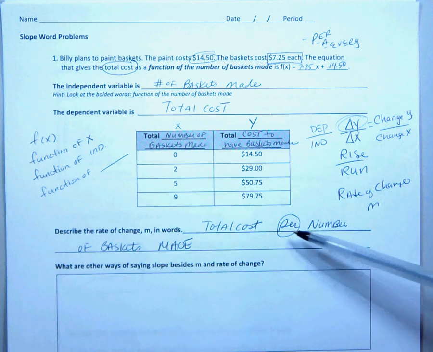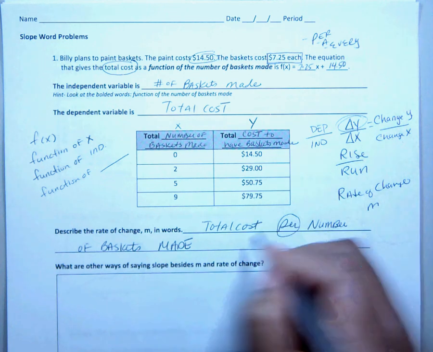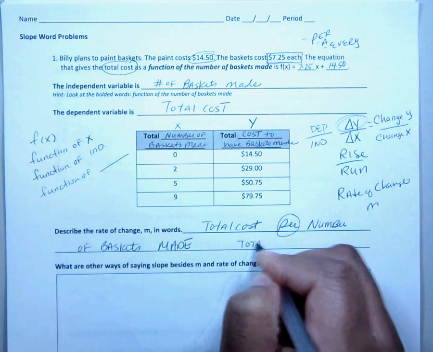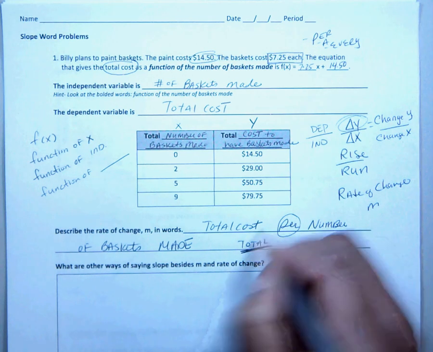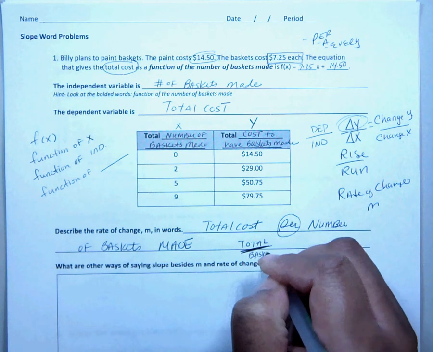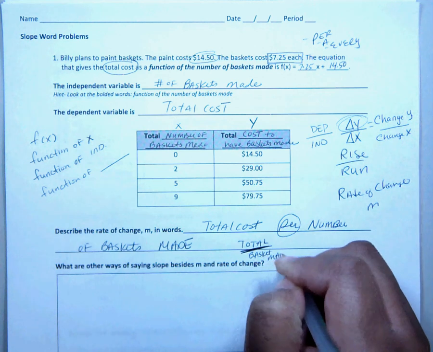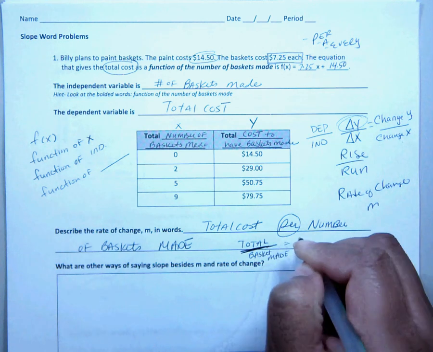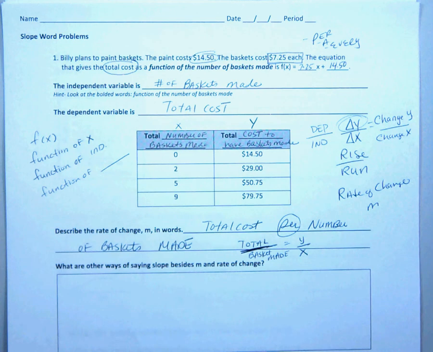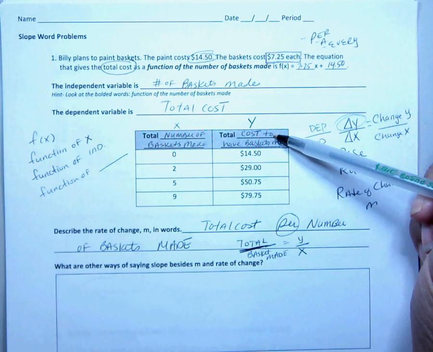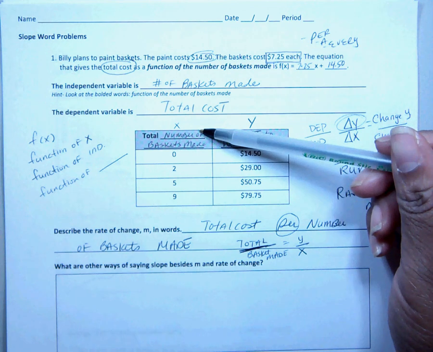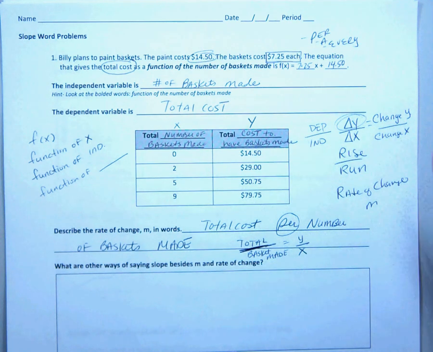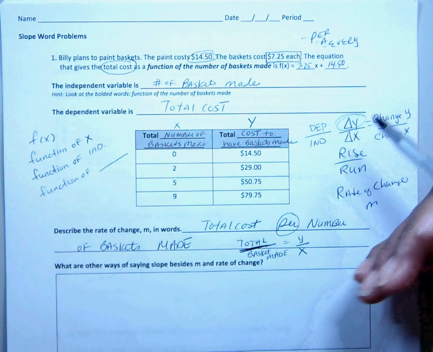It's telling us that it is y, the total cost, over the baskets made. So that is y over x. So it is the total cost to have the baskets made per number of baskets made. And that describes the rate of change, the slope in this problem.